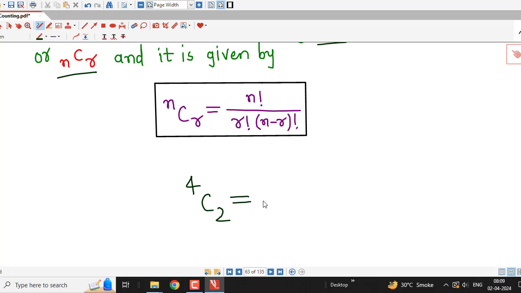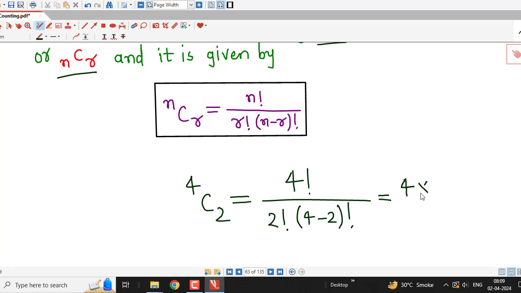If I go by this formula, I will write 4 factorial, r is 2, so 2 factorial, and 4 minus 2, that is n minus r. So this is 4 into 3 into 2 factorial. Here 2 factorial into 4 minus 2, that is 2 factorial, and this 2 factorial is equal to 2. So here we will have 2 into 3, that is 6.